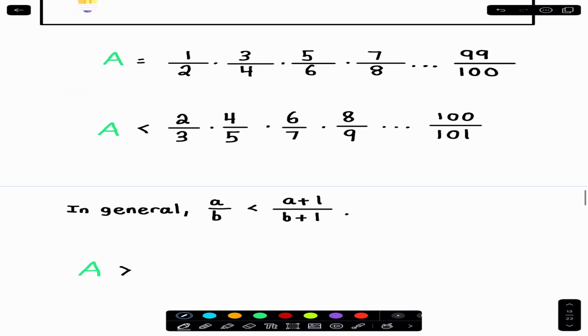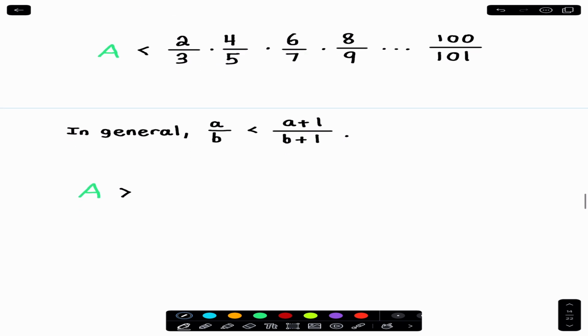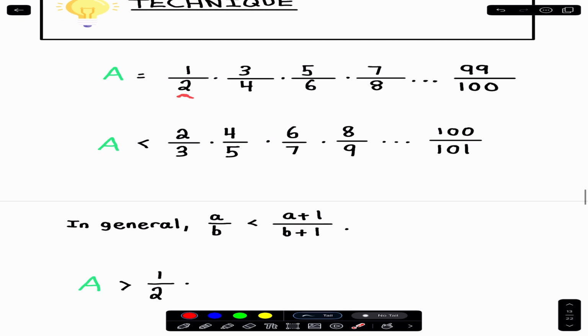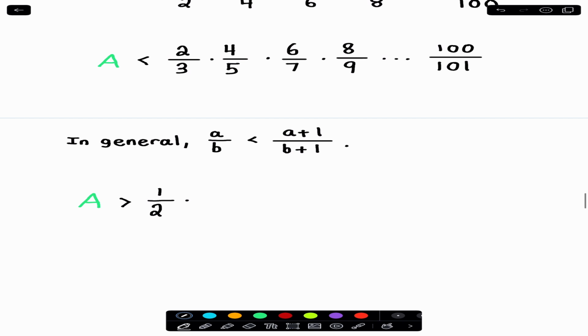So for A greater, this time we're going to keep the first term the same. So we're not going to change this half, okay? But for this 3 over 4, now we can see that 2 over 3 is less than 3 over 4.